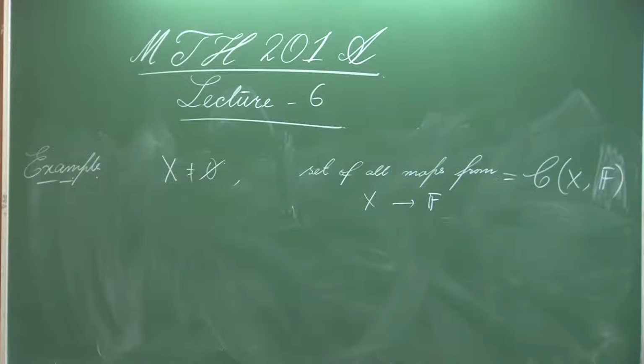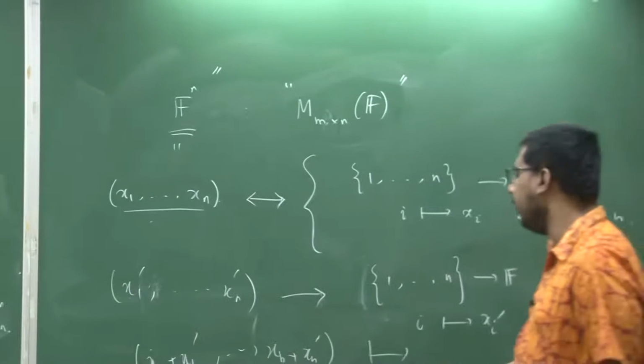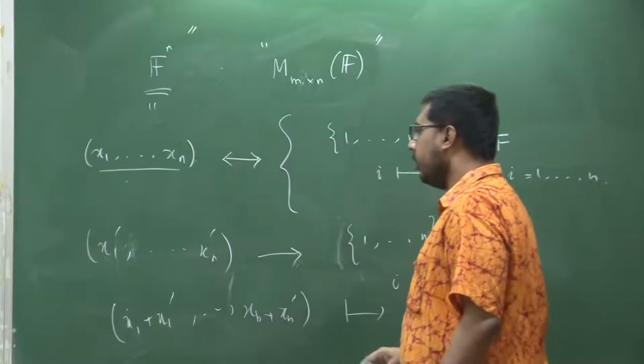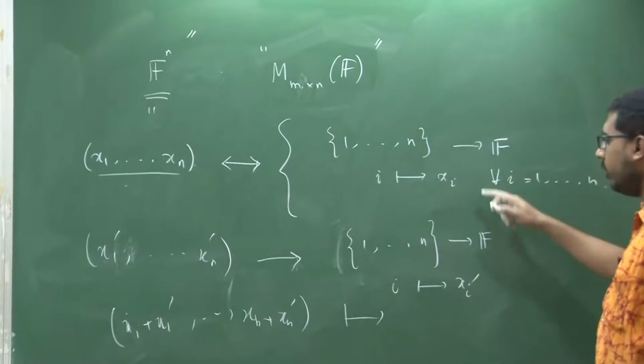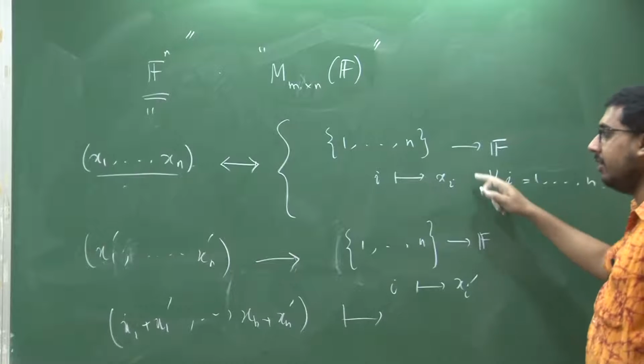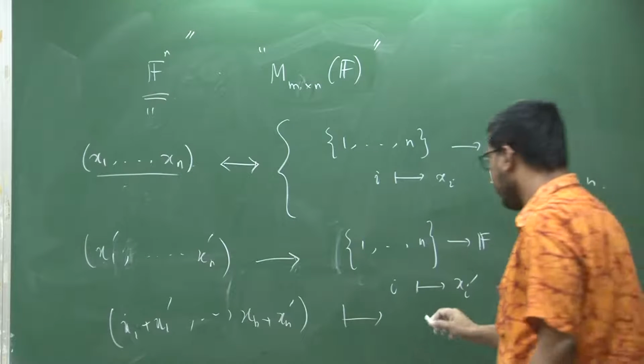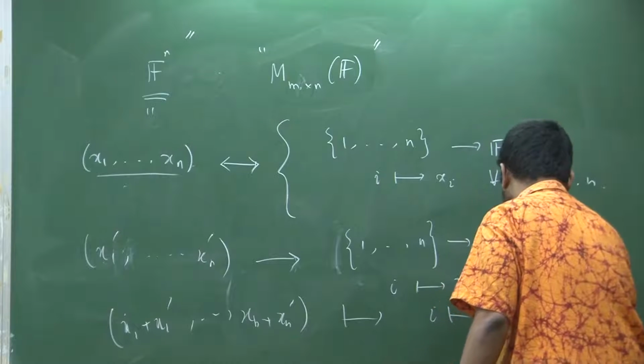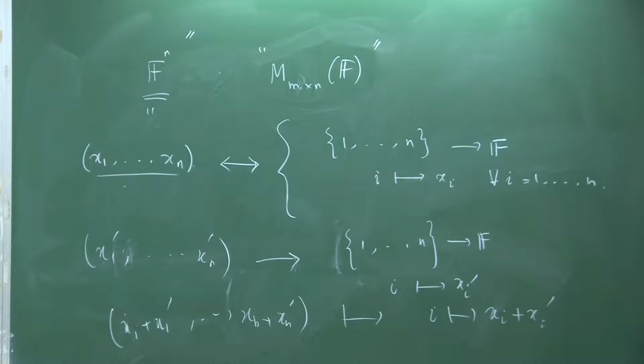Sending each i to xi'. When you add them, the tuple will be x1 + x1', and so on, xn + xn'. Then the corresponding map is nothing but the map that sends each i to xi + xi'.